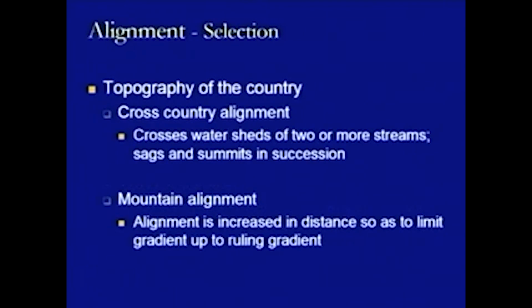Then there is another category of alignment, known as cross country alignment. In the case of cross country alignment, there are possibilities of having sags, meaning depressions, or summits, meaning the top points through which the alignment will be passing. In most cases, these sags or summits come in succession. The reason is that this alignment is crossing the watershed areas of two or more streams.